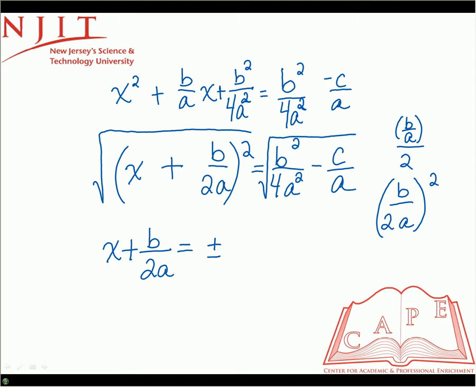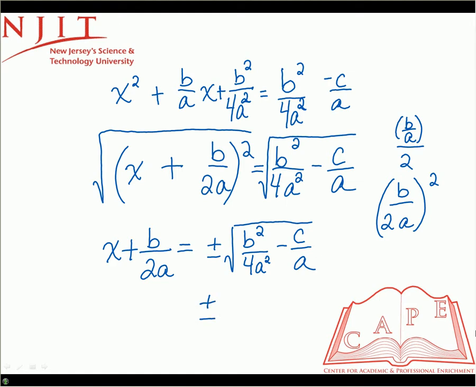We can take the square root of b squared over 4a squared minus c over a. Okay? So now we are going to do simply some rearranging of the right side.